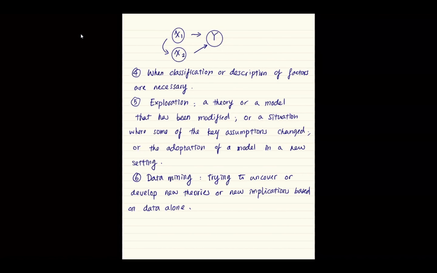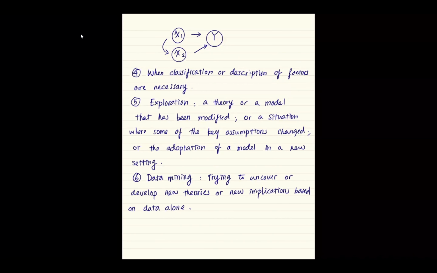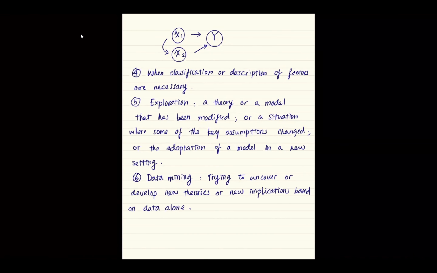So when you have a lot of data already and you want the data to tell you some story, you don't know what the story is. You don't have a target. You don't have any intention. You just happen to have a group of data on hand. Then, if you want the data to tell you a story, factor analysis can potentially be useful in that sense.